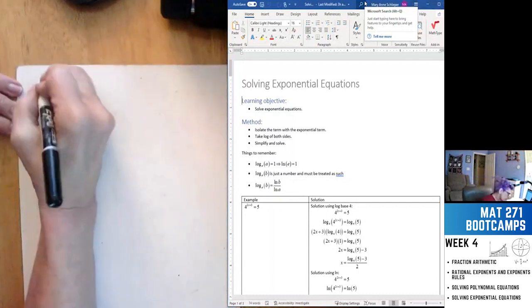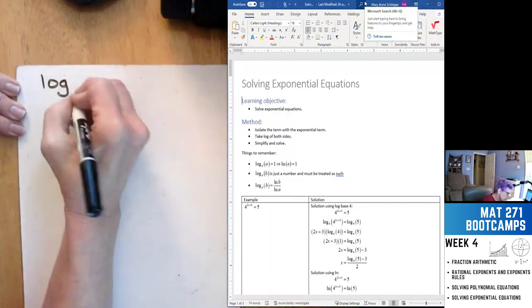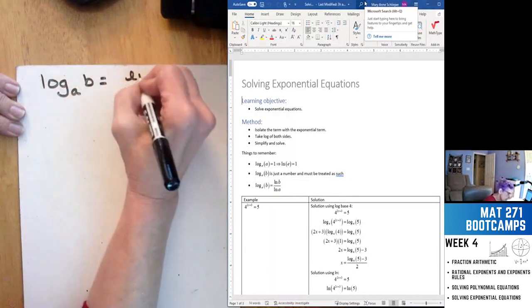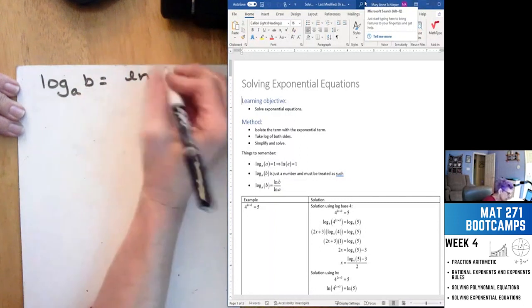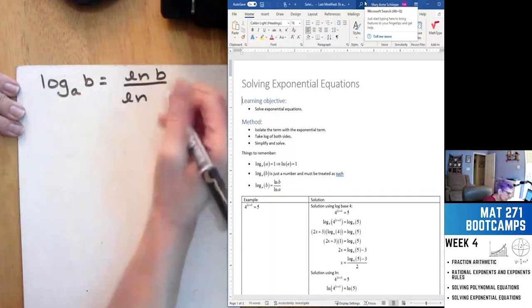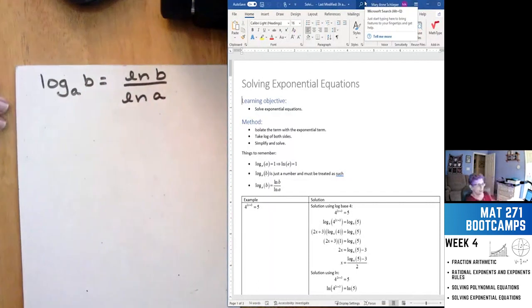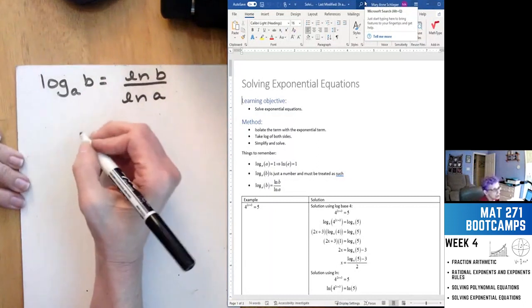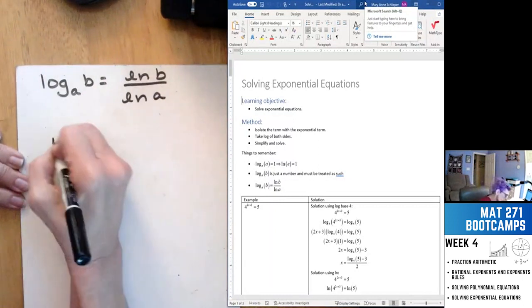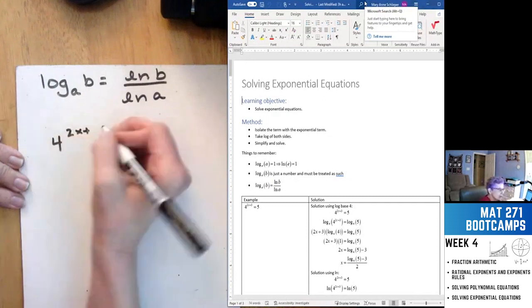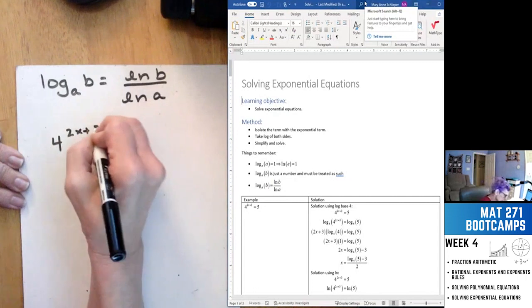And the other thing is the change of base form. Log base A of B is equal to the natural log of the input divided by the natural log of the base. So if we have an exponential equation, first thing we try to do is get that exponential expression all by itself.